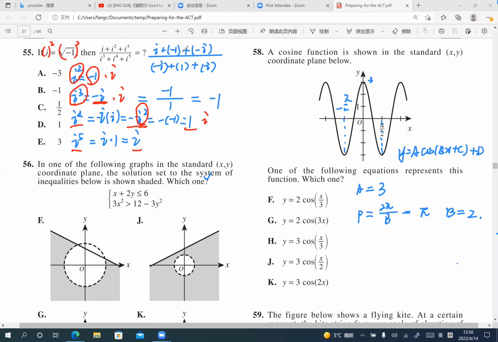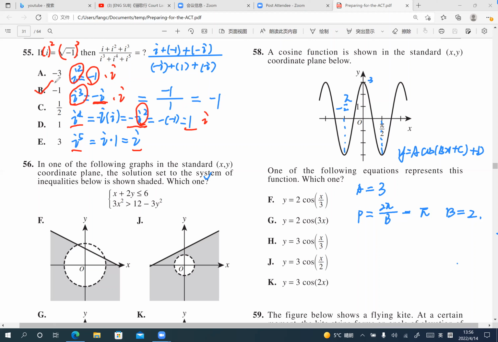The numerator, i plus -1 plus -i, equals -1. And the denominator, -i plus 1 plus i, equals 1. So -1 divided by 1 is -1. So for question 55, we choose option B.